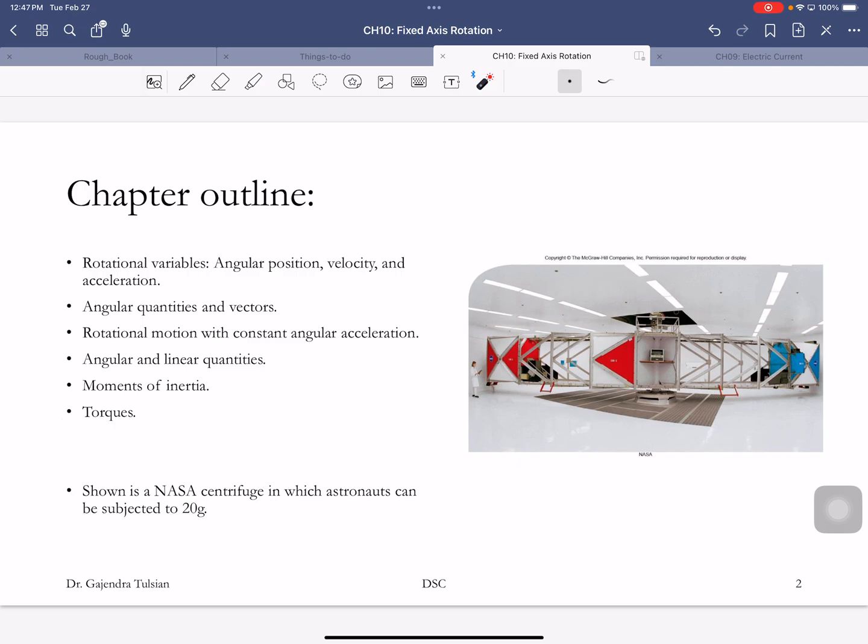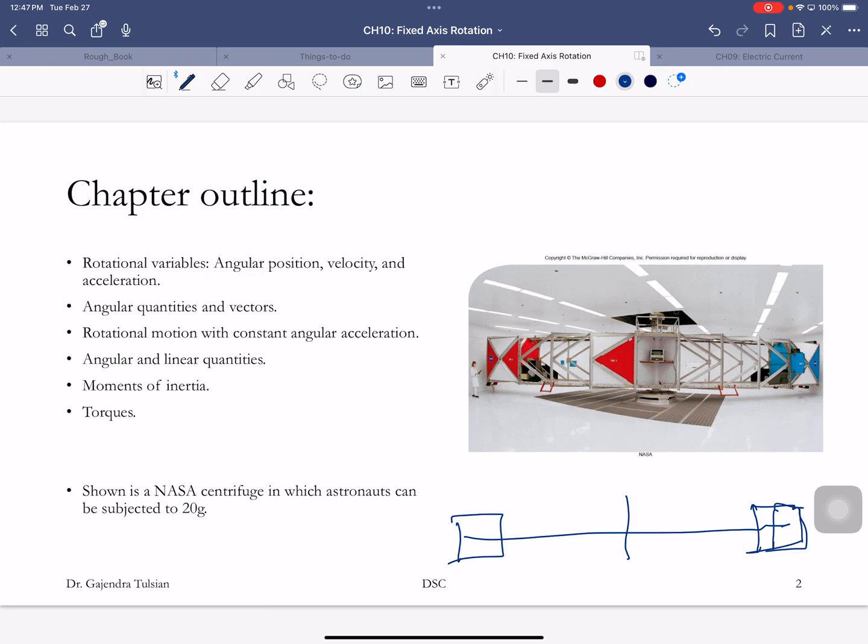Now here's a device where you can put an astronaut in there and make them spin very fast, and the astronaut can experience 20 g. You can subject them to 20 g accelerations. So here's the object and here's the room.